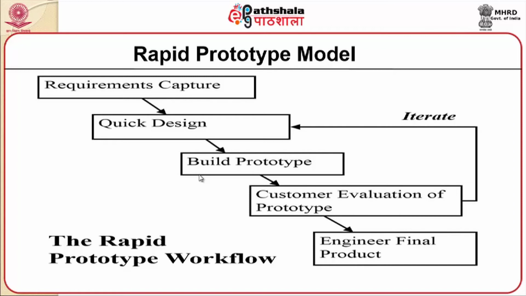We look at the requirements capture. Before we give it as a final product, it undergoes different stages like quick design, building a simple prototype, evaluating with the customer, which has not happened with the previous models. It evaluates with the customers and the iteration process goes on. Once the customer is found to be happy, then I will be delivering the final version of it.